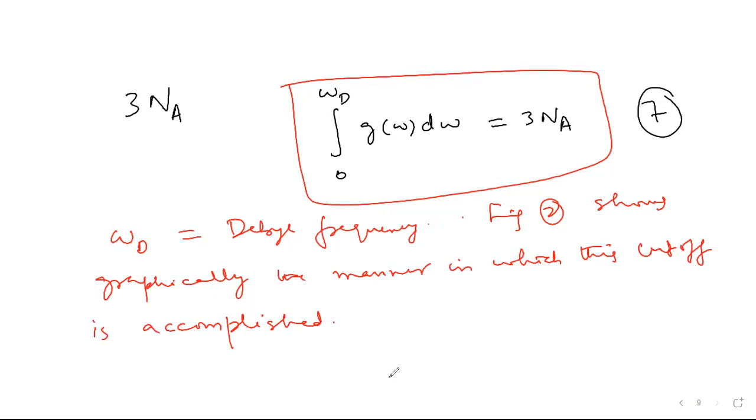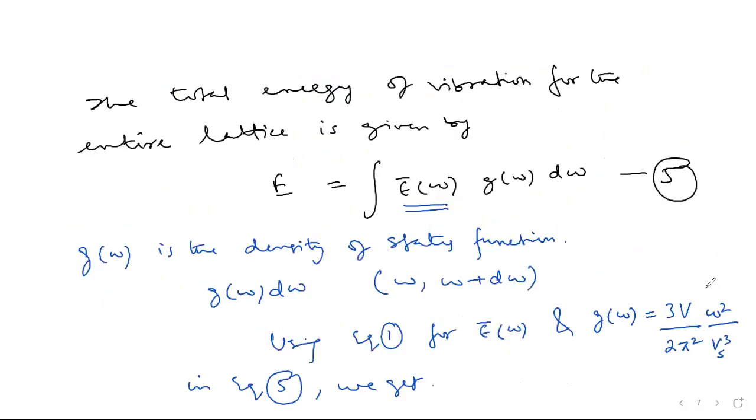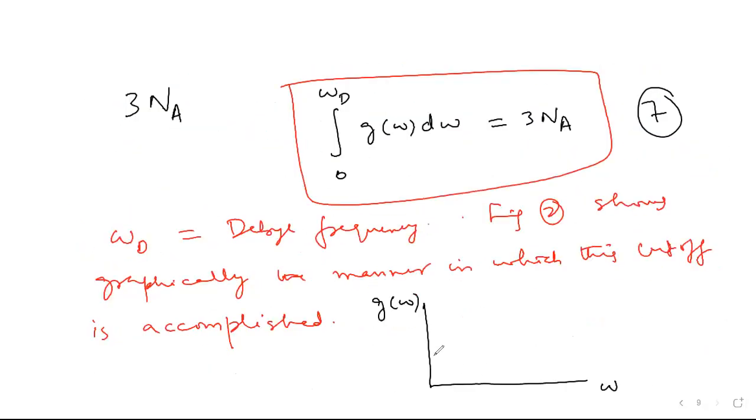You draw this figure so you know how the density of states function varies with ω. As you can see from this expression, it is proportional to ω². We have already drawn this figure in the last lecture. So it's like this. So what Peter Debye did, he limited the upper frequency possible by ω_D.